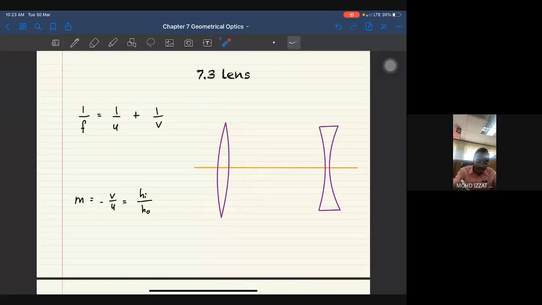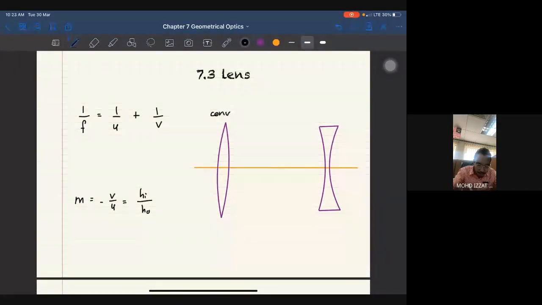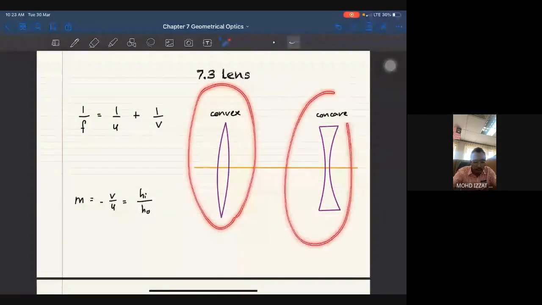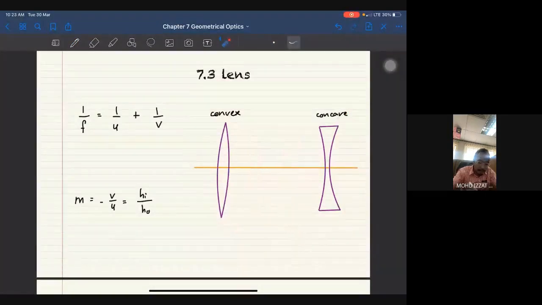Yes, convex lens, and another one is concave lens. So, basically the type of lens ni, sama je sifat dia tu. Kalau untuk converging, untuk diverging. And then for lens, dia sebenarnya ada banyak type. Jadi saya tunjuk type sekarang, tapi this is the two main types yang kita pakai dia punya konsep.